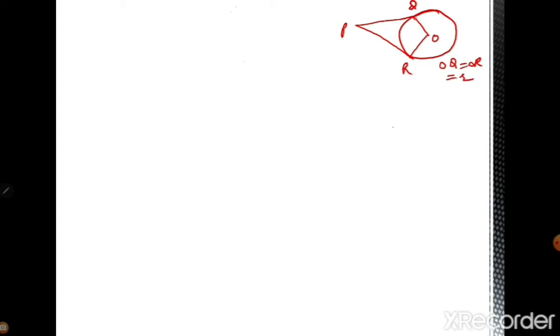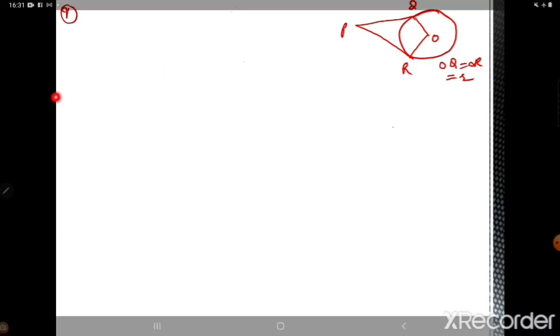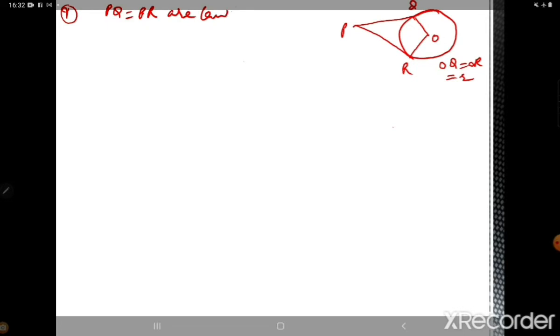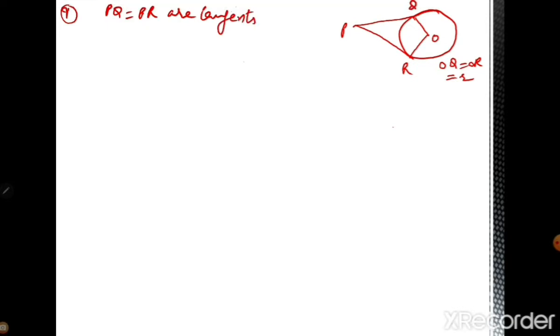And this PQ, in question number 9, PQ is equal to PR because lengths of tangents from an external point to the circle are equal. Then we can say that PQ and PR are the tangents to the circle.